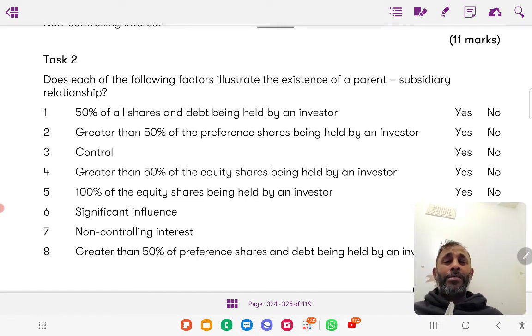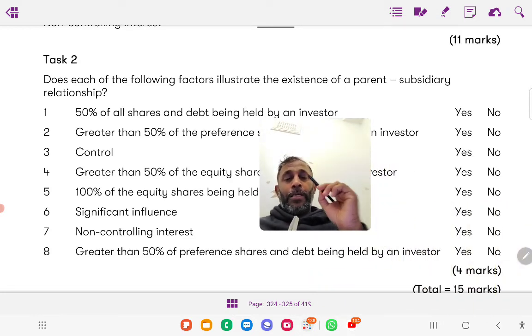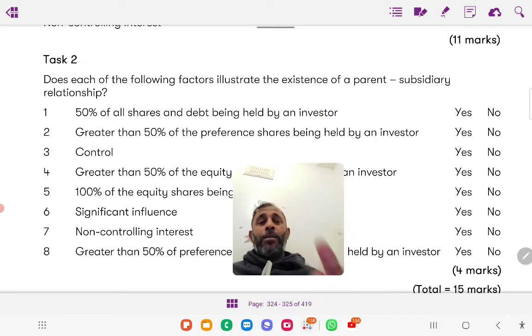No, preference shares have nothing to do with the equity shares. This has to be predominantly ordinary shares. So you have to have ordinary shares, then only you can justify that control. Obviously yes, as long as you can say that you have the control, then the parent subsidiary relationship exists.